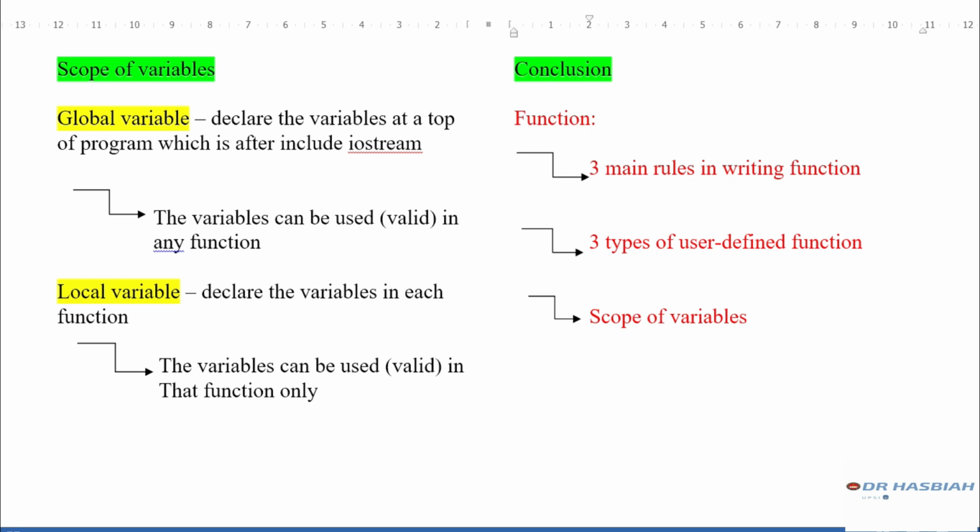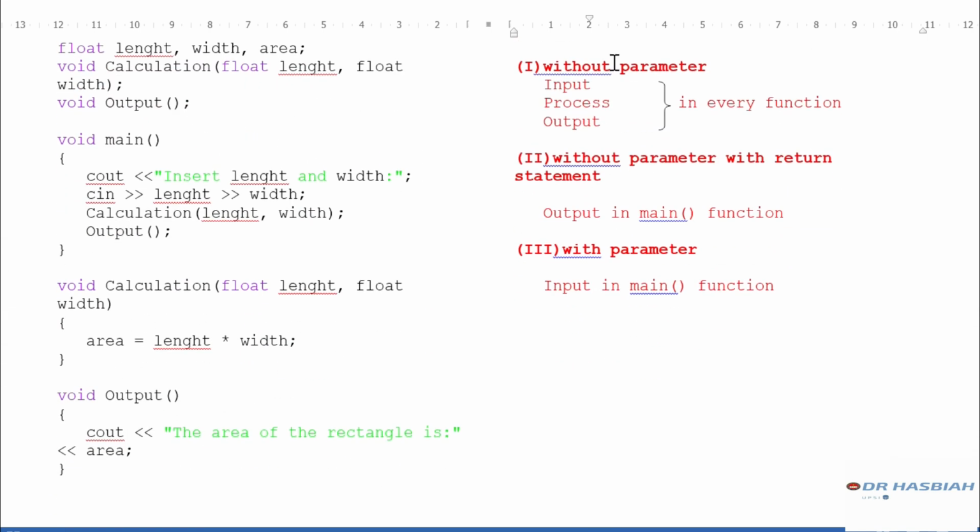So that's why here we have the float length, width, and area. I just take this example. If you see in this function calculation, we have the area, length, and width, and then in the function output also we have the area here.